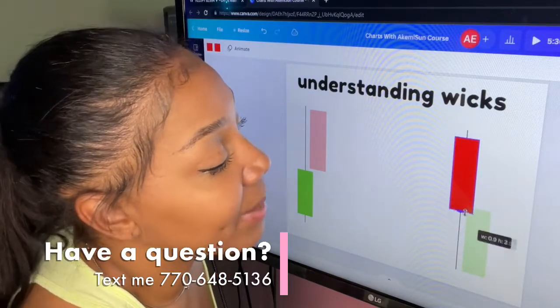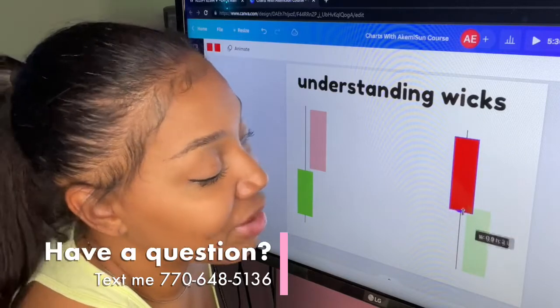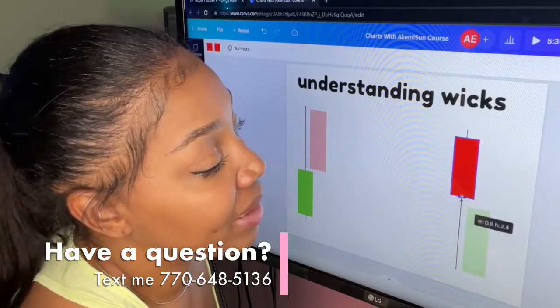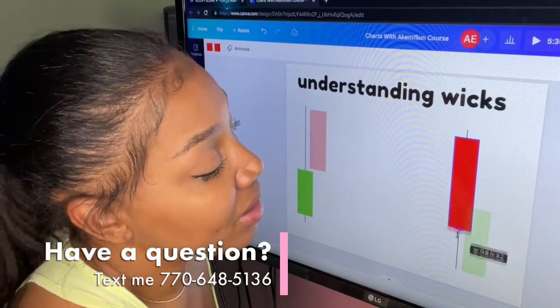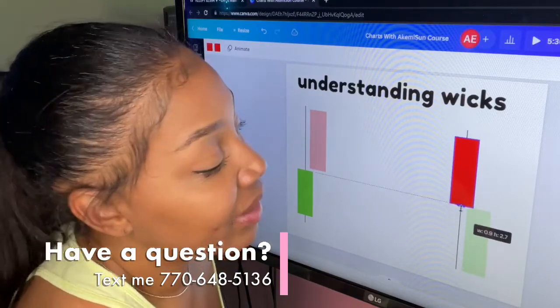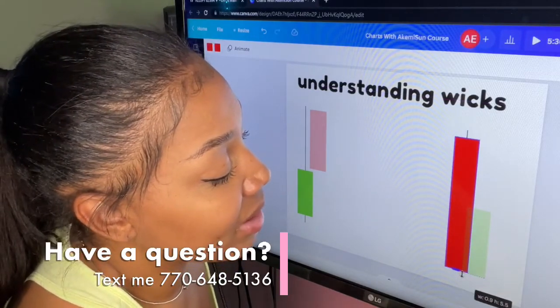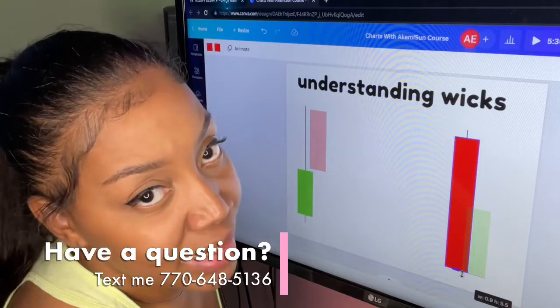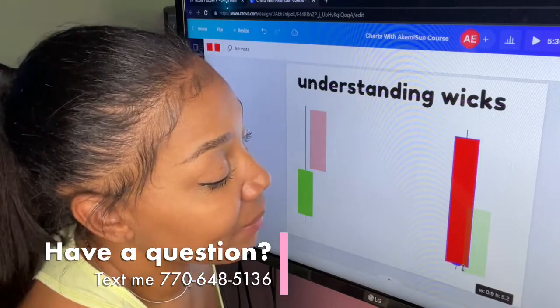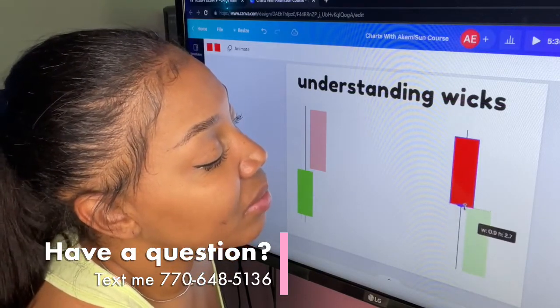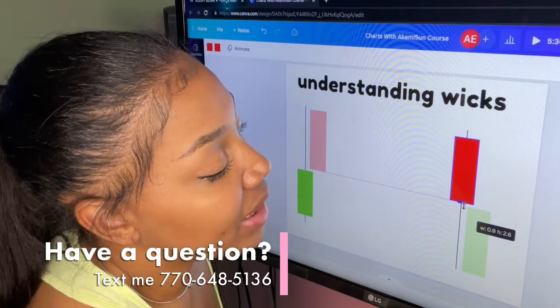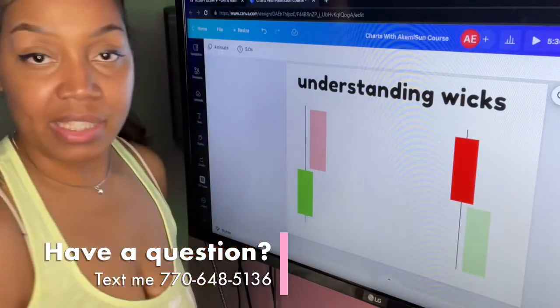So this whole time the candlestick is moving because buyers and sellers are doing whatever they're doing in the middle of that candlestick. So it's going up and down, it's moving. And then it goes down to here. So that was the lowest that candle went. And then all of a sudden the candle ended up closing right here. Now the candlestick is done.